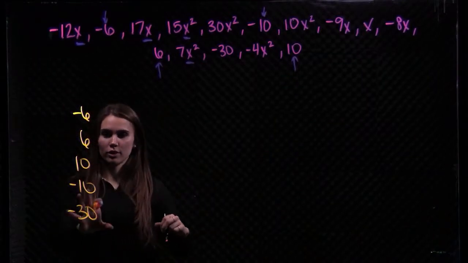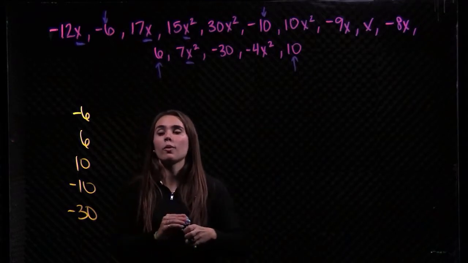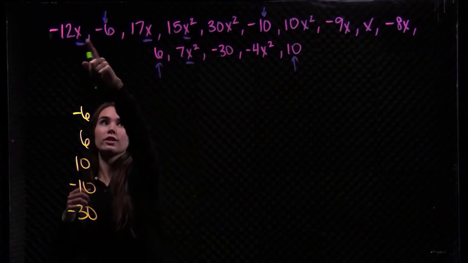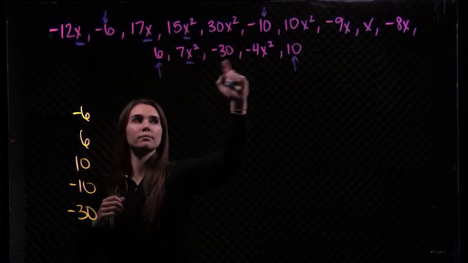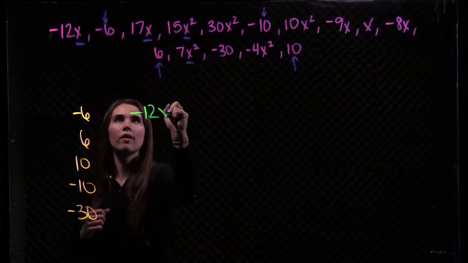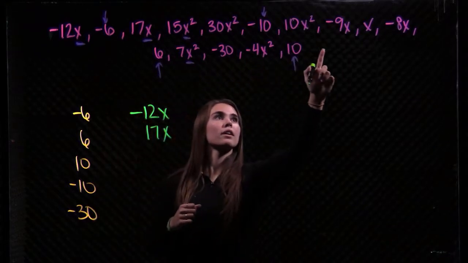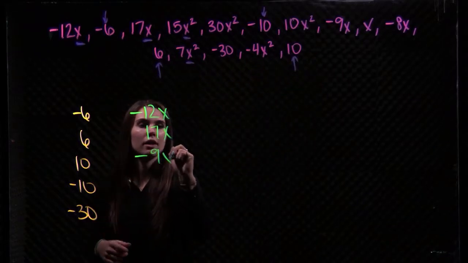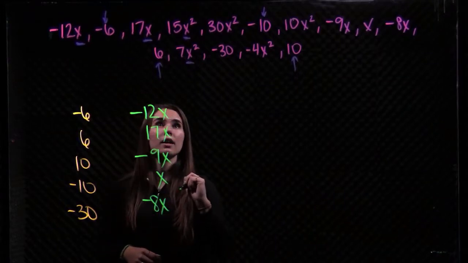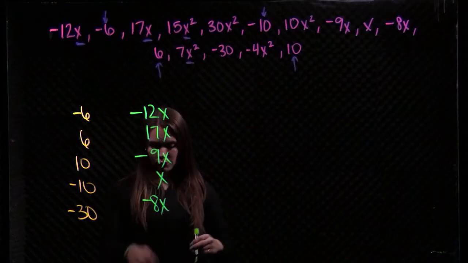So I saw you put those in a group, and then I saw some of you that were doing it this way, then have made your next group the ones with just one x with your variable in the group. So you have -12x, 17x, -9x, x, -8x, and I think that's it. So then you put those in their own group.